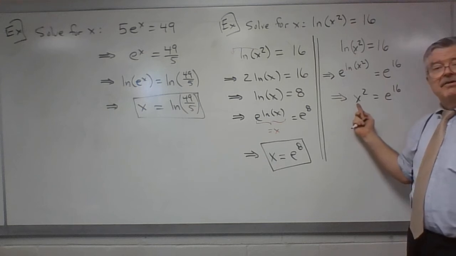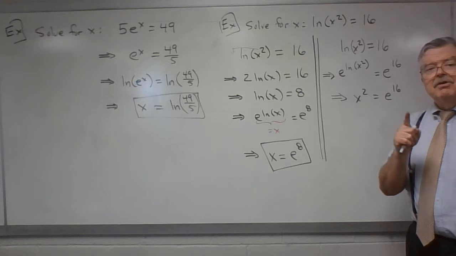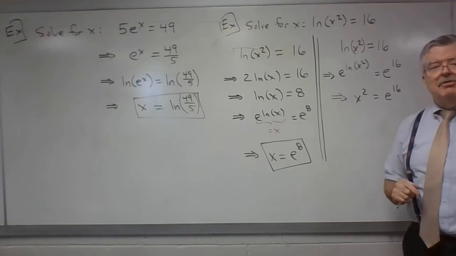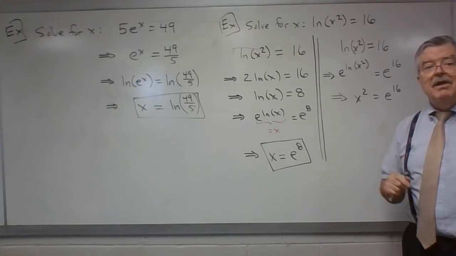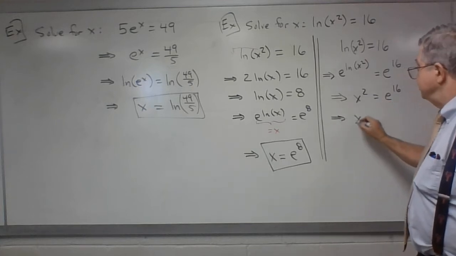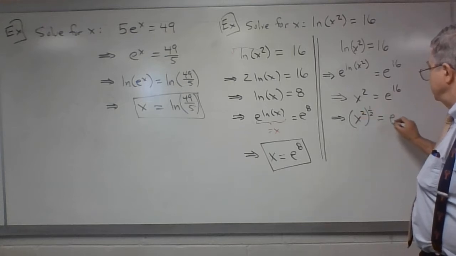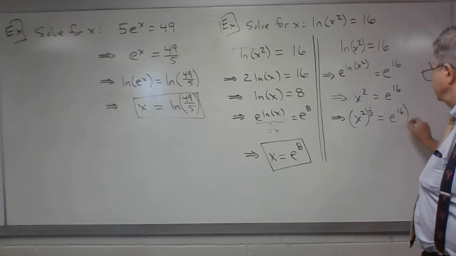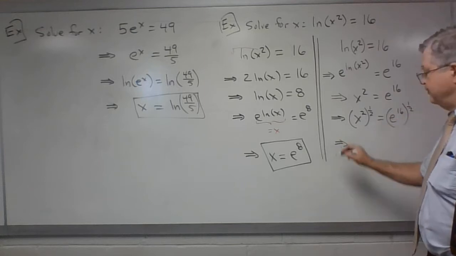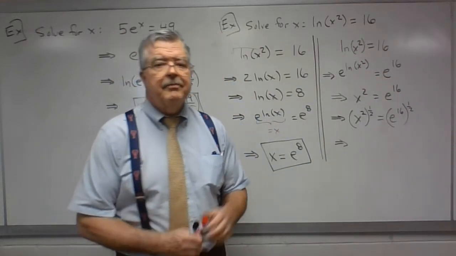How do I solve for x? Either compute the square root of both sides or do the equivalent thing, raise both sides to the 1/2 power. So this is the same as computing the square root of both sides. And let me ask you something.